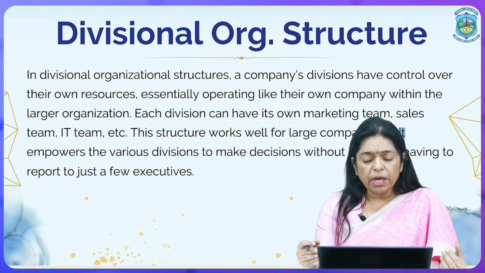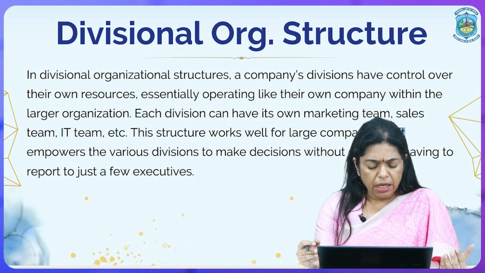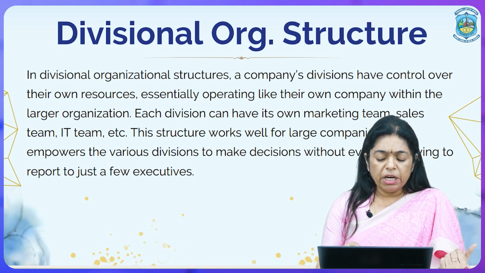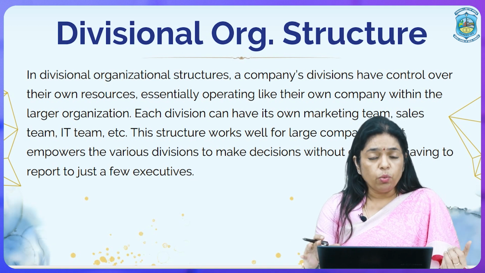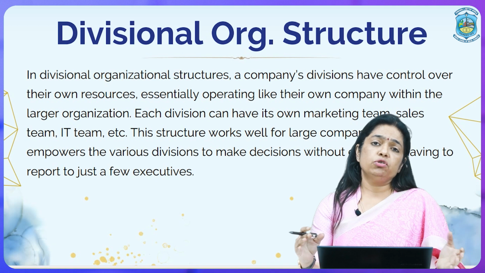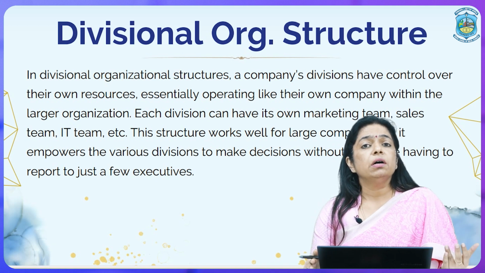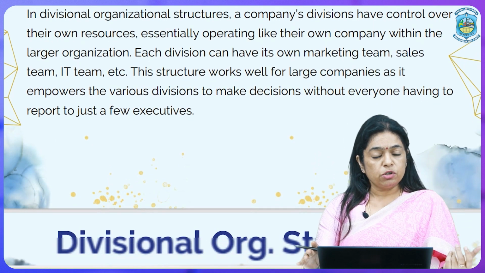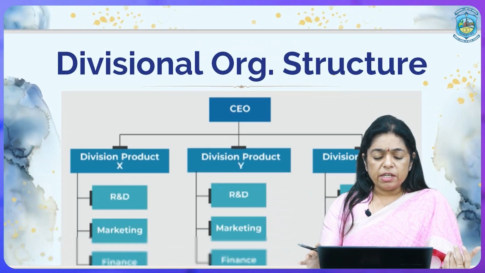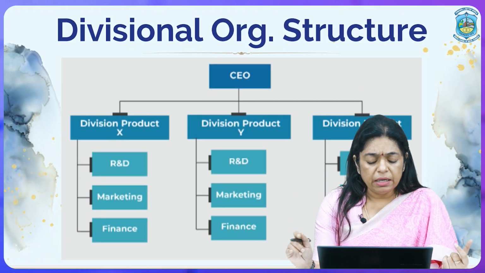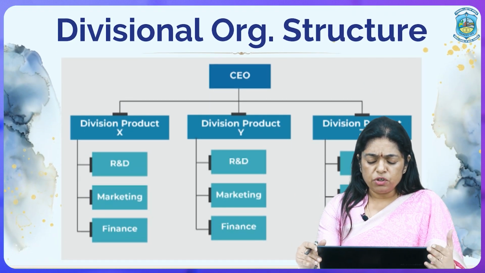This structure works well in large companies specifically as they empower the various divisions to make decisions for themselves without the employees having to report to their superiors or their executives.